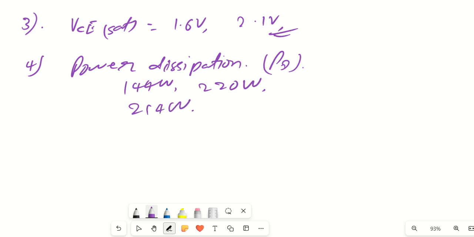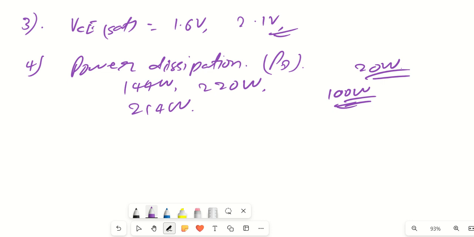So 214 watt or something. Let us say your power consumption is around 20 watt. You can go ahead and choose an IGBT of 100 watt capability. But you have to understand that it has to be in nominal operation. Otherwise you will be losing a lot of opportunity in performance.